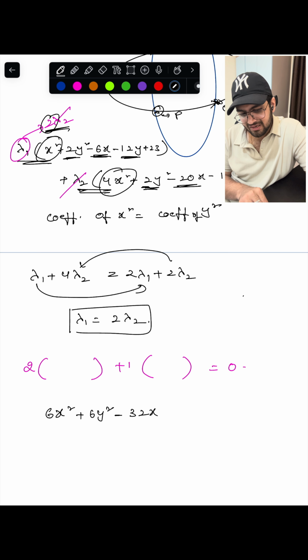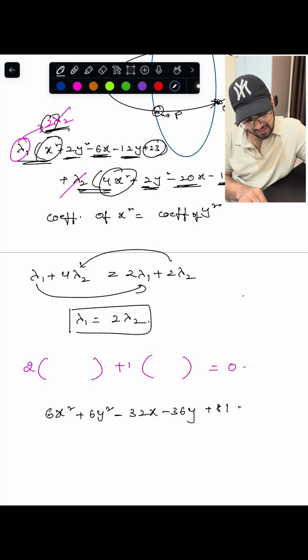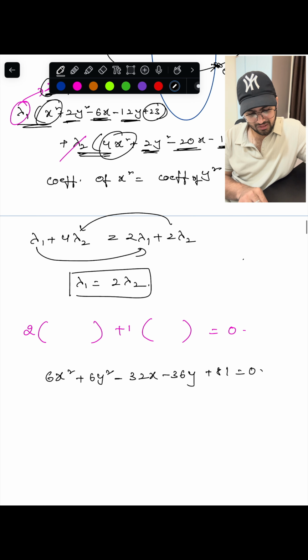Then minus 24 and minus 12, minus 36y, right? 23 2s 46 plus 35, how much? 81 you are getting, right? So 81 equals to 0, right?